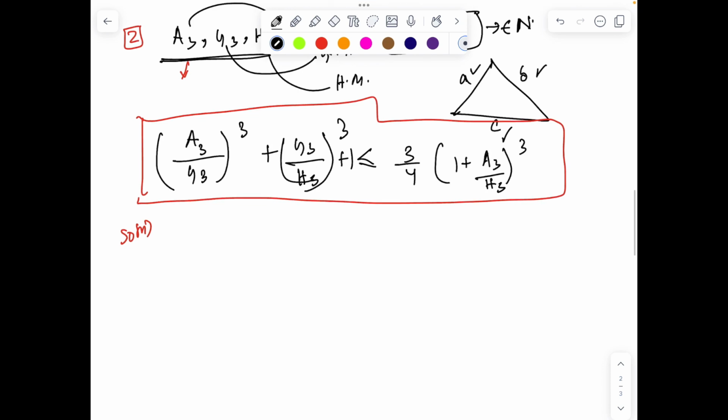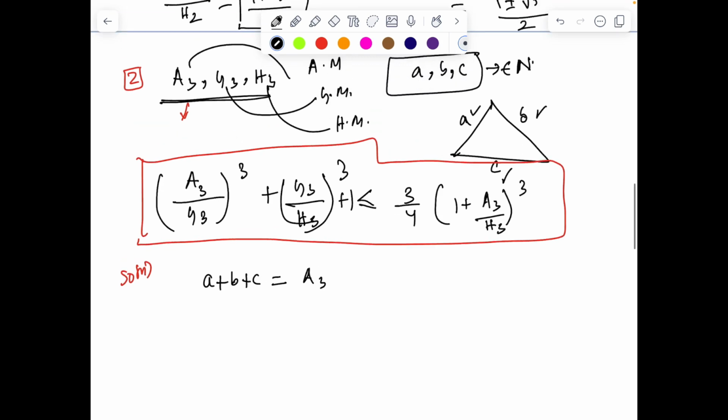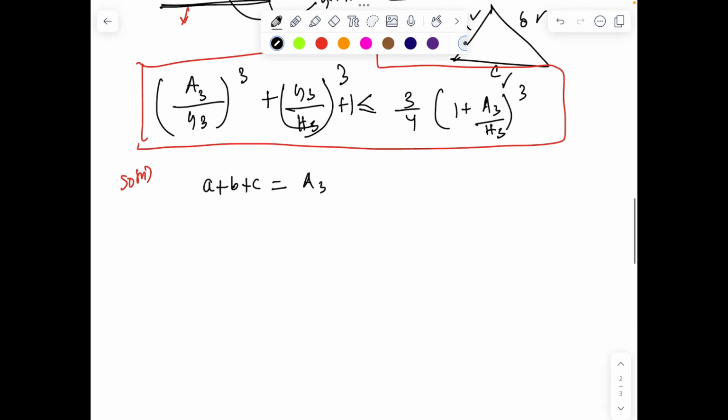So from the definition, what we can tell is if A3, G3, S3 are the stated means, then we have A plus B plus C is 3A3, ABC is G3 cube, and 1 by A plus 1 by B plus 1 by C is 3 by S3.